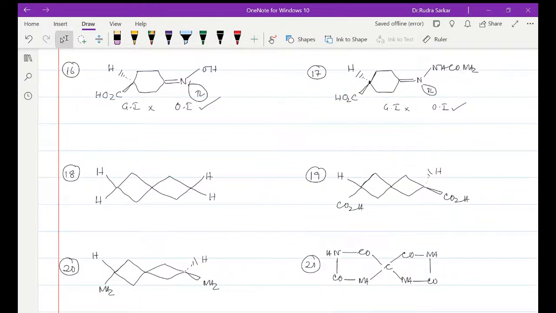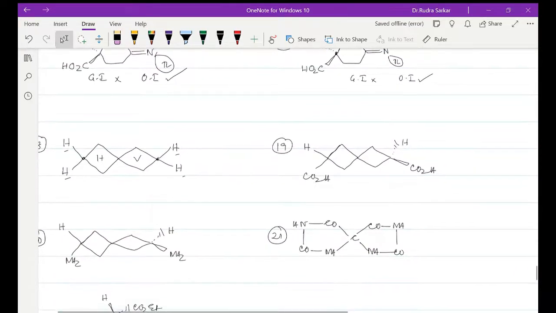Now in this particular ring system, which is basically a spirane, if this ring is horizontal then this will be vertical to the plane of the paper. But since the groups attached to the terminal carbons are all equal, no GI or OI is possible.